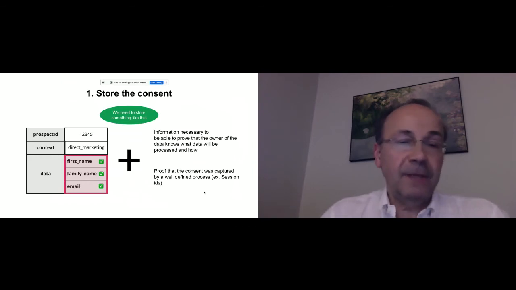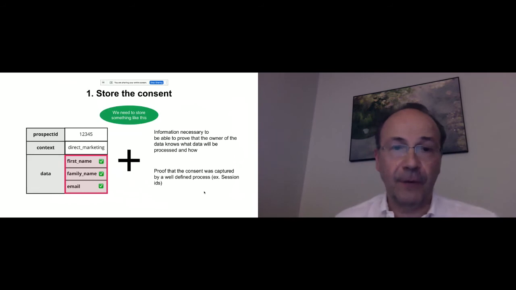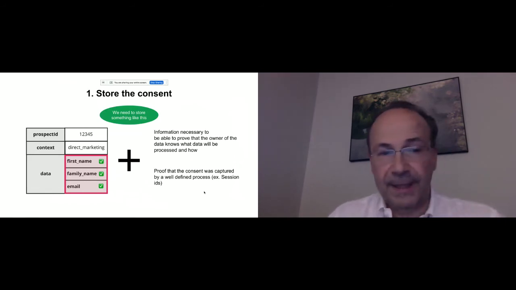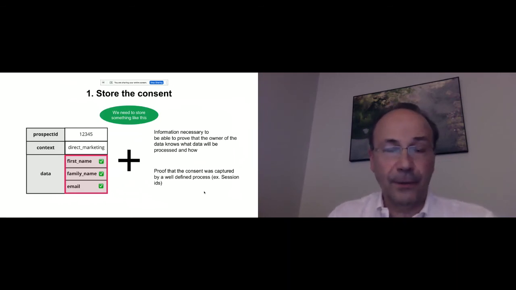This picture here gives us an example of what we could store. It's not a detailed definition of how to store the consent. So on the left side, we will see that we have, say, a prospect ID in a specific context and some personal data that he gives the authorization to access.